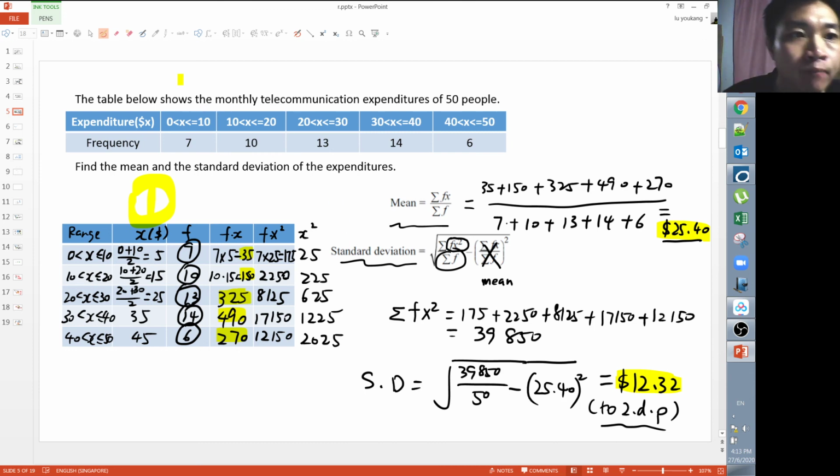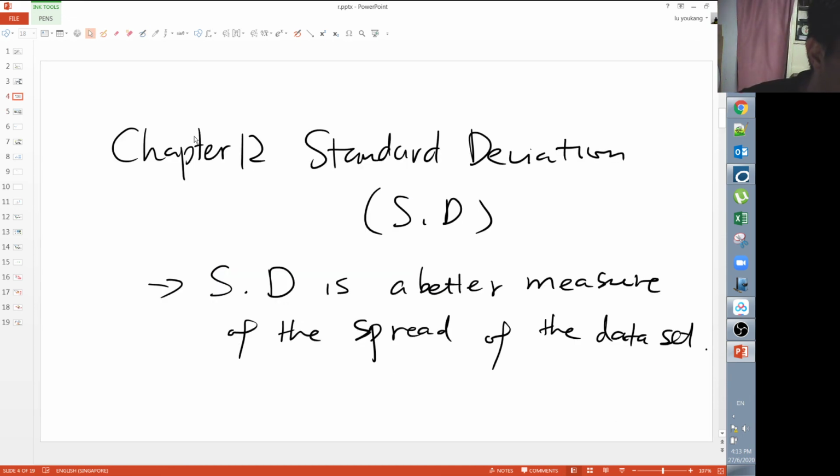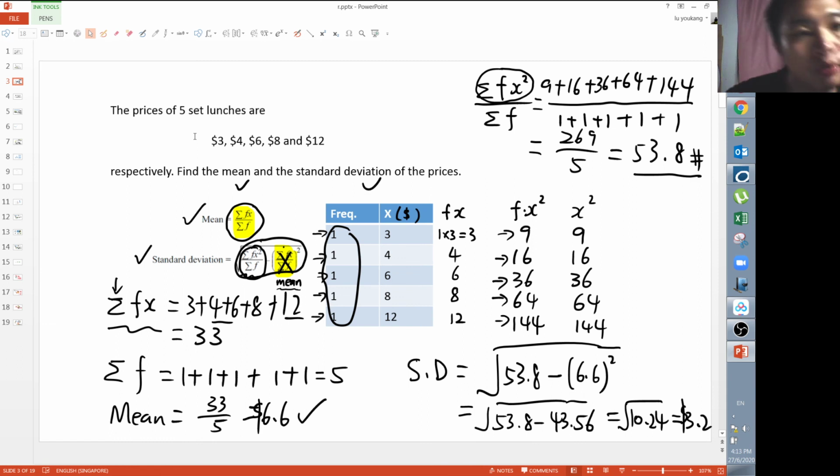Okay, over here, the data is called group data. Right? They are grouped together. Okay, what it means is you have a range. Alright, so group data is you group the data into a range. While previously, let me see if I still have the previous, yep. So previously you have ungrouped data here, right?